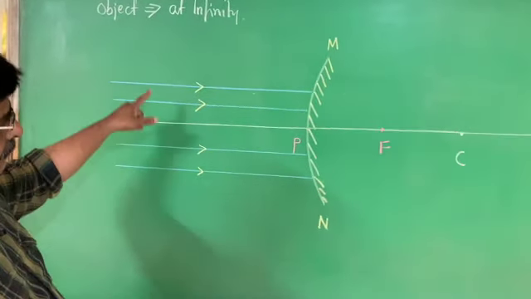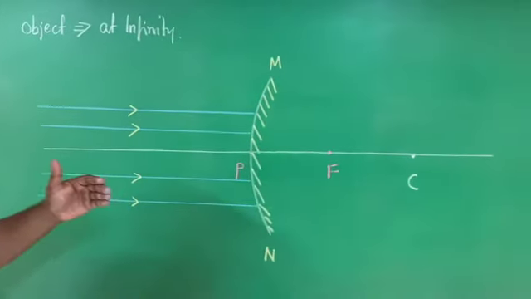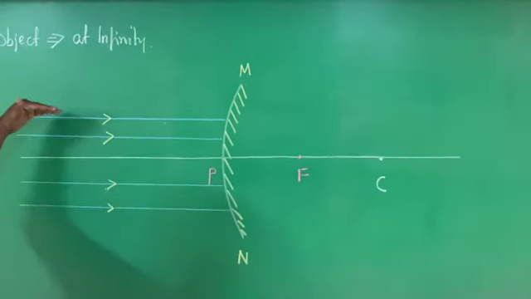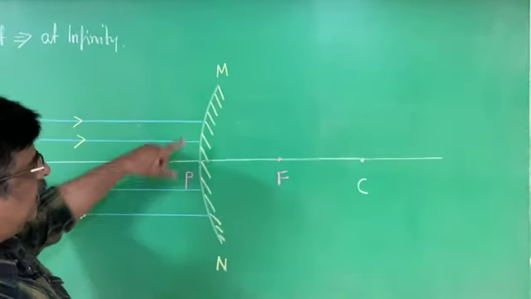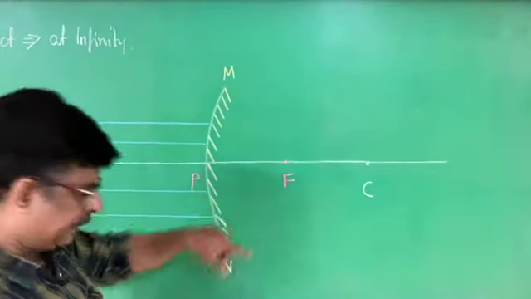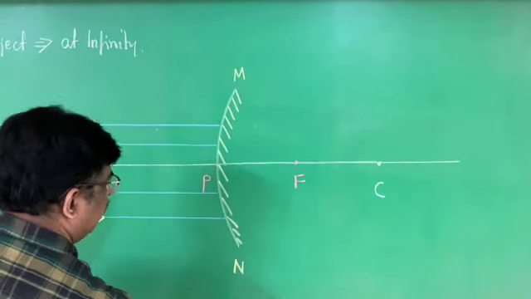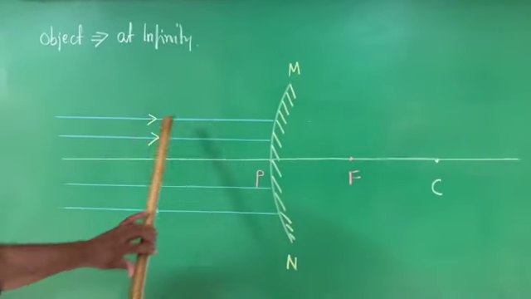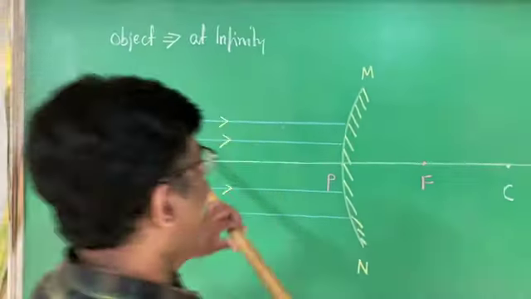According to the condition given for writing the ray diagram, a ray of light which is parallel to the principal axis appears to diverge from the principal focus after reflection. Therefore, I write in a different color, by that you can understand. The blue color is for the incident and red is for the reflected.